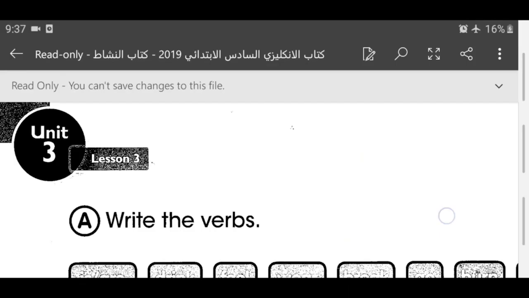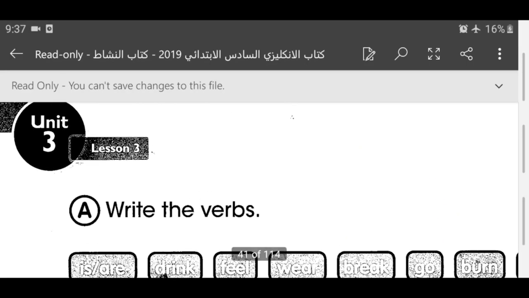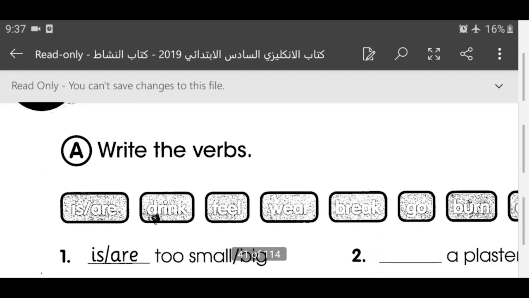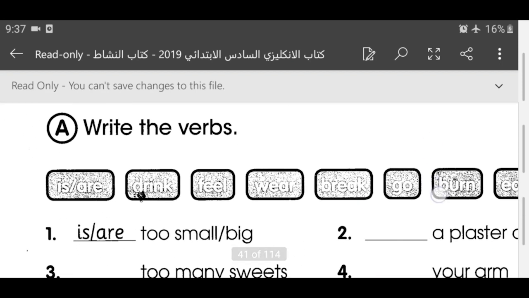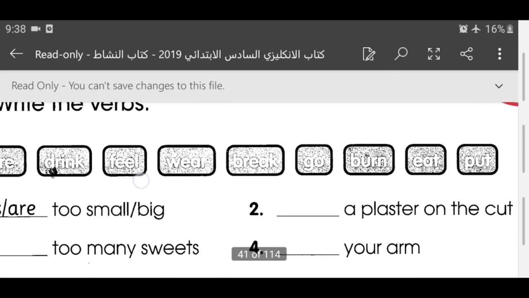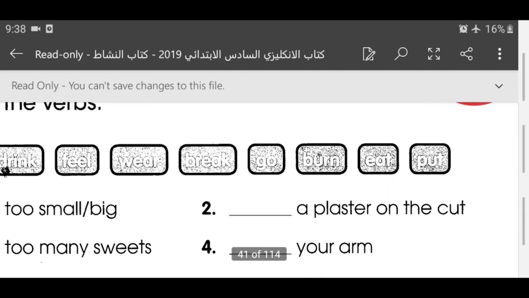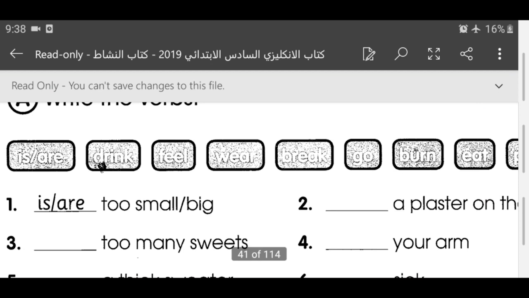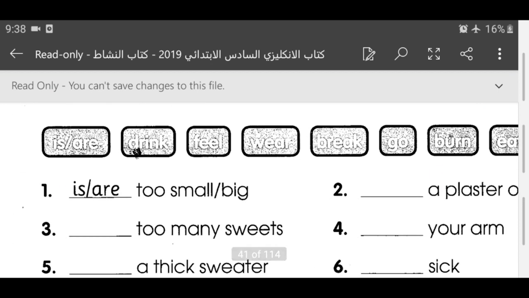Now in your activity book, Unit 3, Lesson 3. Write the verbs. Here we have to write the verbs: is or are, drink, feel, wear, break, go, born, eat, and put. Number 1. Is or are too small or big?